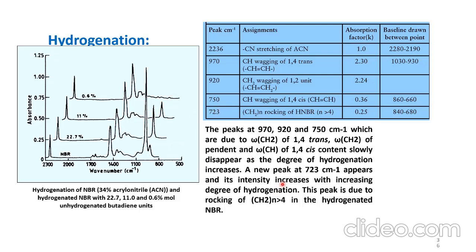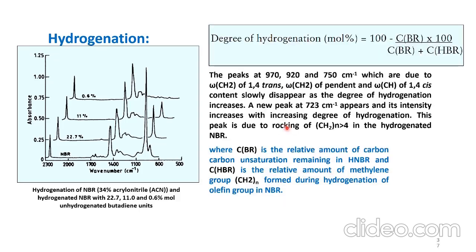The peak at 723 will appear, and its intensity will increase with the degree of hydrogenation. So in those cases we need to observe these peaks. There are different examples for different materials. We can check the degree of hydrogenation using this formula.